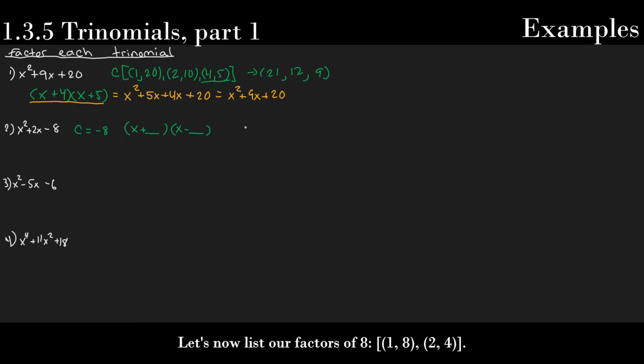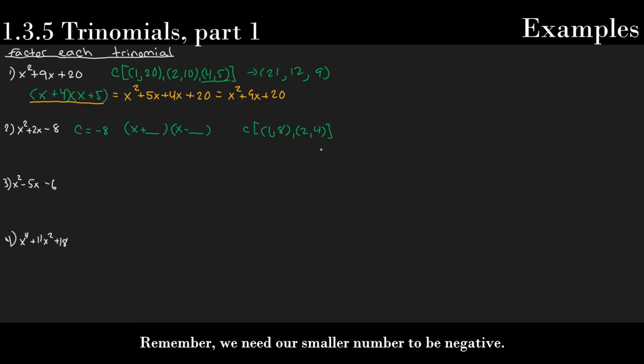Let's now list our factors of 8. We have 1 and 8, 2 and 4. Remember, we need our smaller number to be negative. Our sums are 8 minus 1 is 7, 4 minus 2 is 2. This means that the second set is our correct choice.